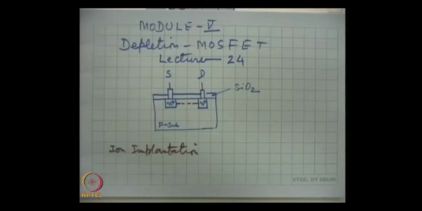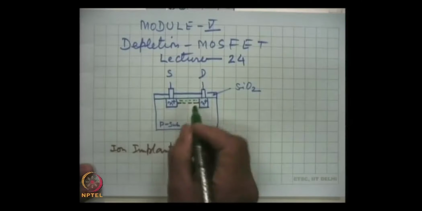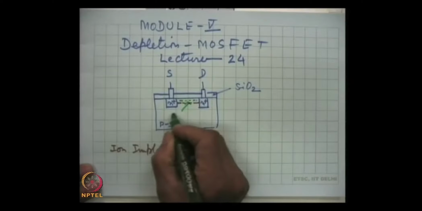So, the channel is created, and this is the N channel.